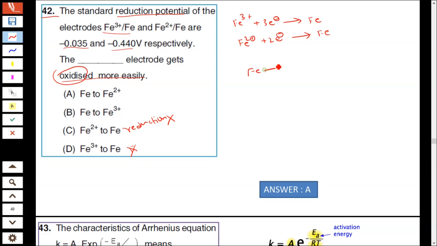Fe gives Fe2 plus and 2 electrons. This is oxidation. A is the correct answer. The electrode Fe to Fe2 plus is oxidized more easily than Fe to Fe3 plus.